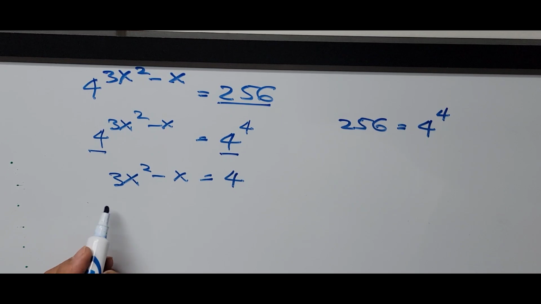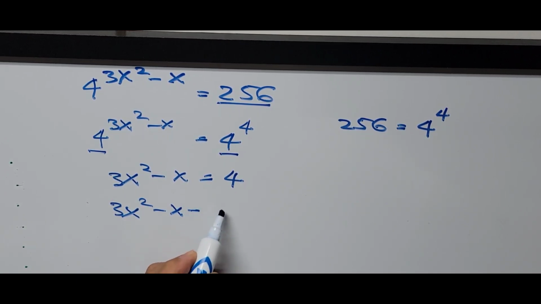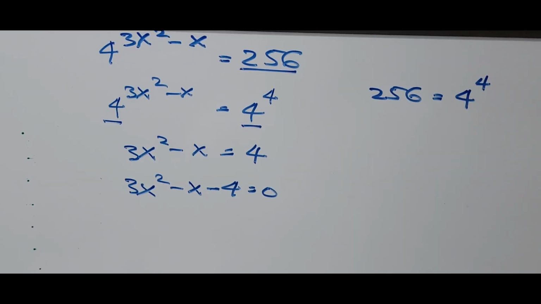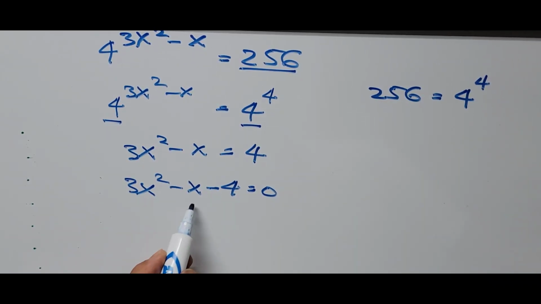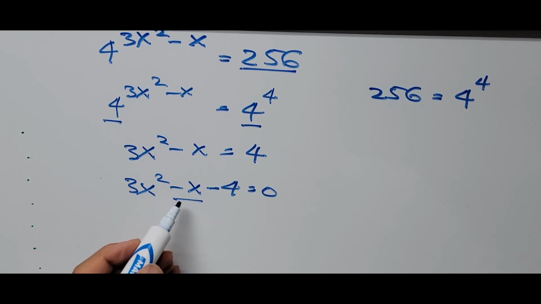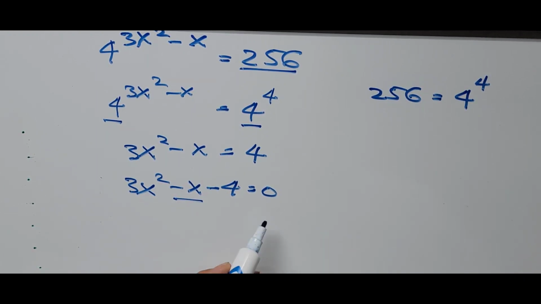The equation becomes 3x squared minus x minus 4 equals 0, moving the 4 to the left side. Now we need to split the middle term, negative x, into 3x and negative 4x.